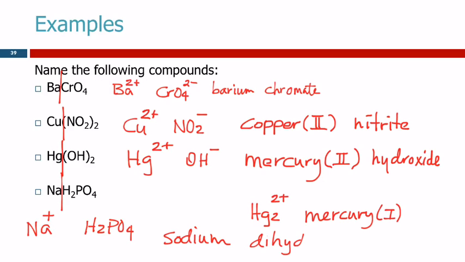Dihydrogen phosphate. If you go look in the table of polyatomic ions, that's in there. It's got a -1 charge. Any questions?